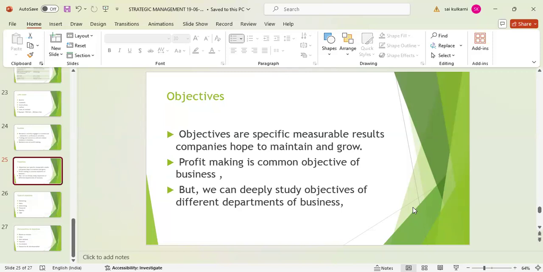But there are different objectives of different departments, or different objectives with different angles. Like we just discussed the Reliance Industries and its social responsibility culture. So it is also the objective of Reliance Industries to build a good social image. It is also the objective of that business.